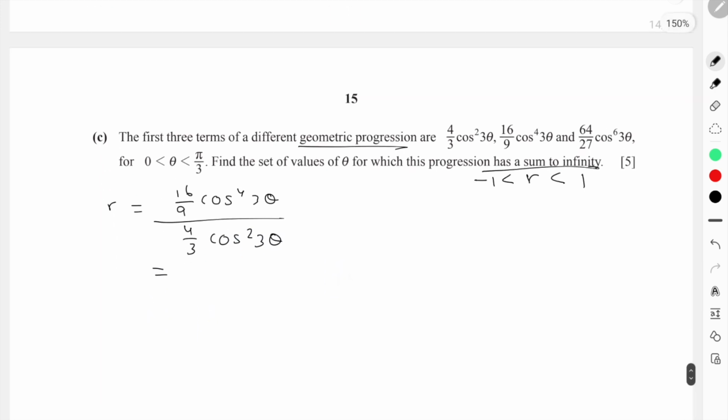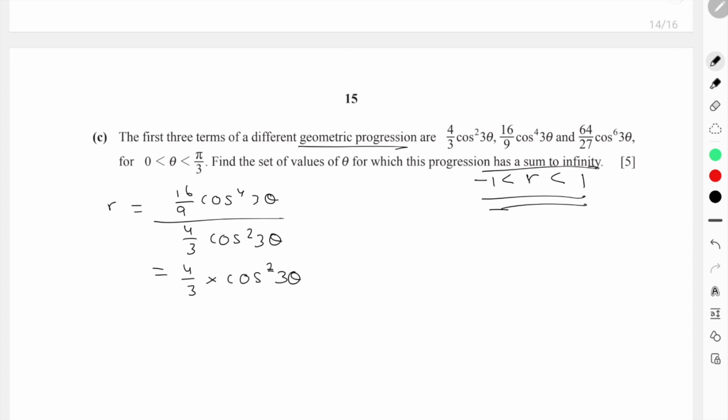And that's going to be 4 by 3 multiplied by cos squared 3 theta. So this was our initial statement, right? It has to be between minus 1 and 1.